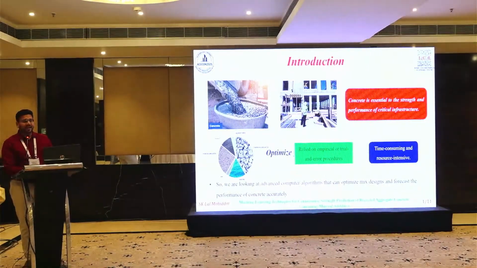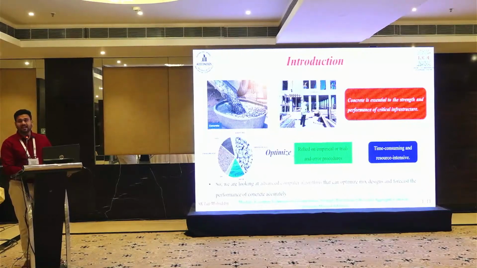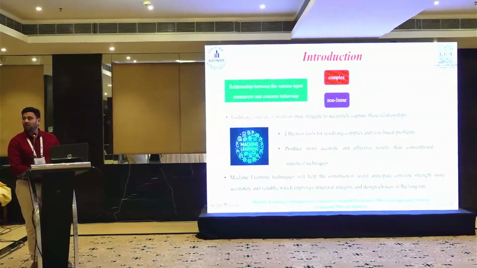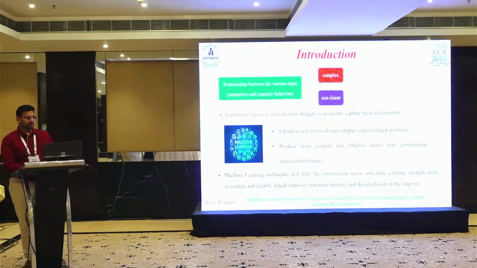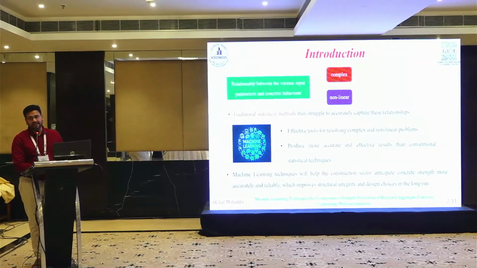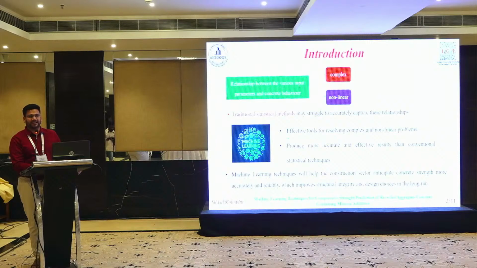So we are looking at advanced computer algorithms that can optimize the mix design and predict the performance of the concrete accurately. The relationship between the various input parameters and the concrete behavior is often complex and non-linear, so traditional statistical methods may struggle to capture these relationships. Recently, machine learning has become an effective tool for resolving these problems, and it should produce more accurate results when compared to conventional statistical techniques.